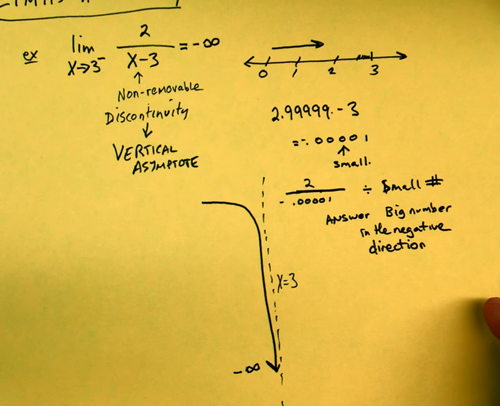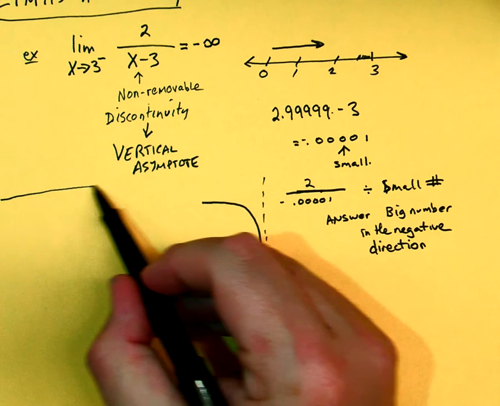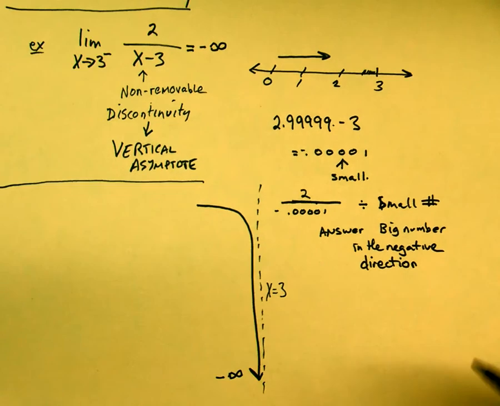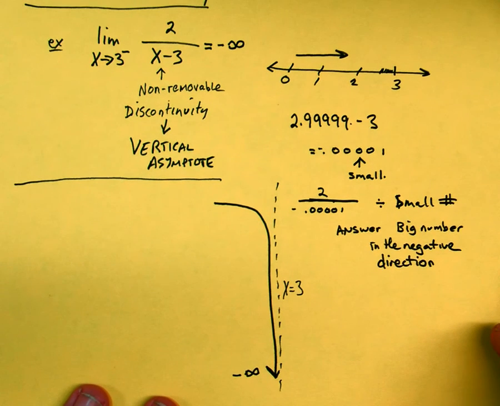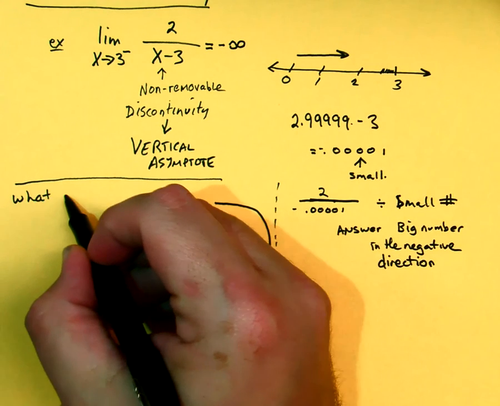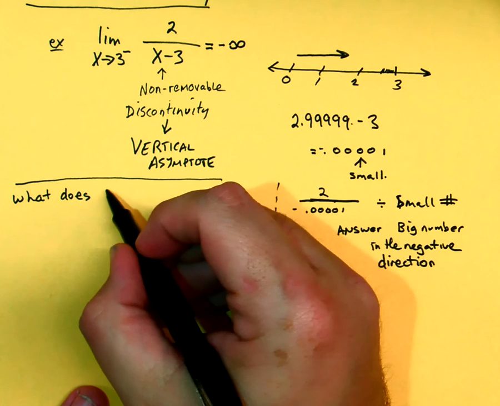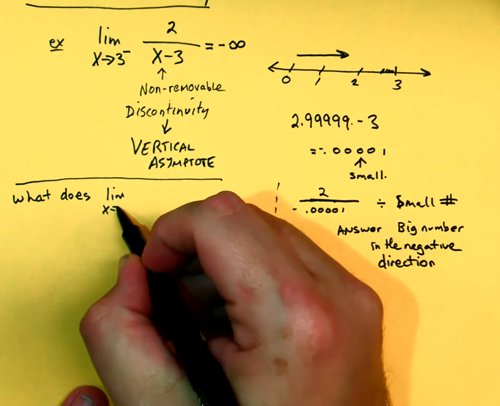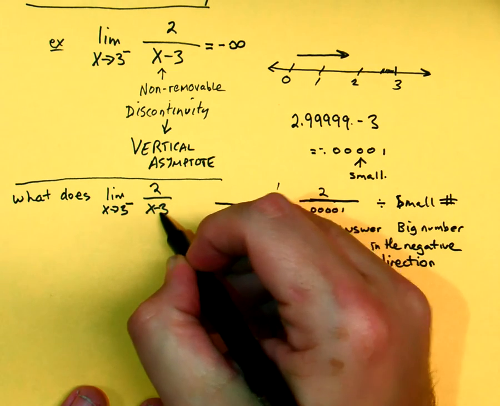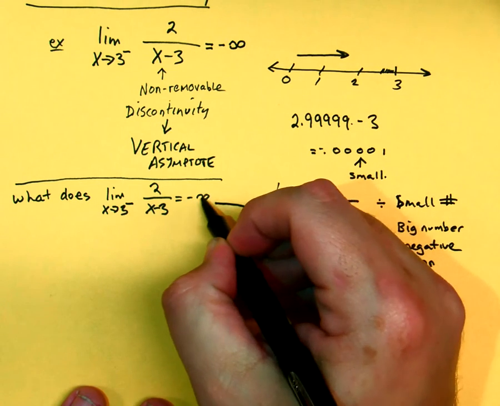But there's a problem. The problem is we can't equal negative infinity. We can't equal infinity. Infinity is not a number. So you can't equal a number. So what does the limit as x approaches 3 from the left of 2 over x minus 3 equal to negative infinity mean?